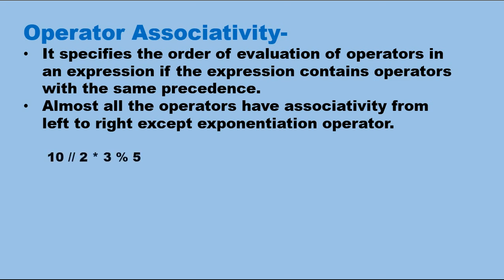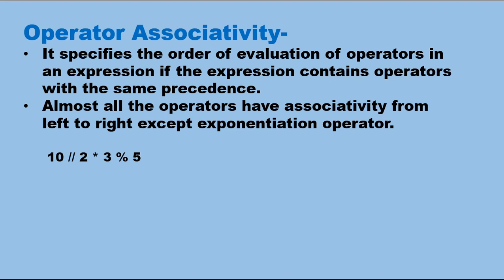This is an example: 10 floor division 2 into 3 modulus 5. So here modulus, floor division and multiplication all have the same priority. So associativity will decide which will work first, and associativity of the arithmetic operators is from left to right.